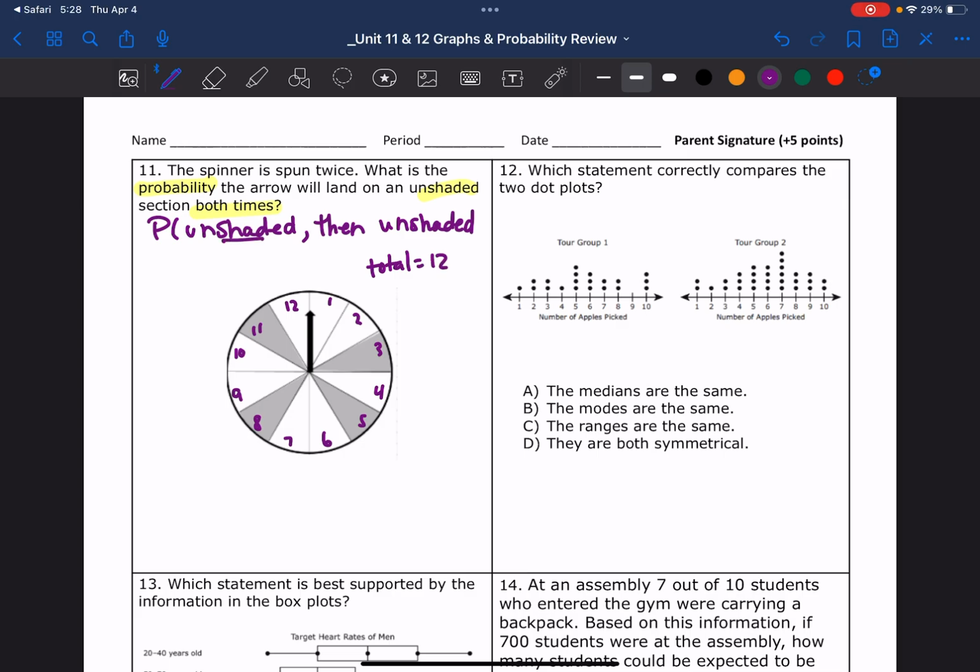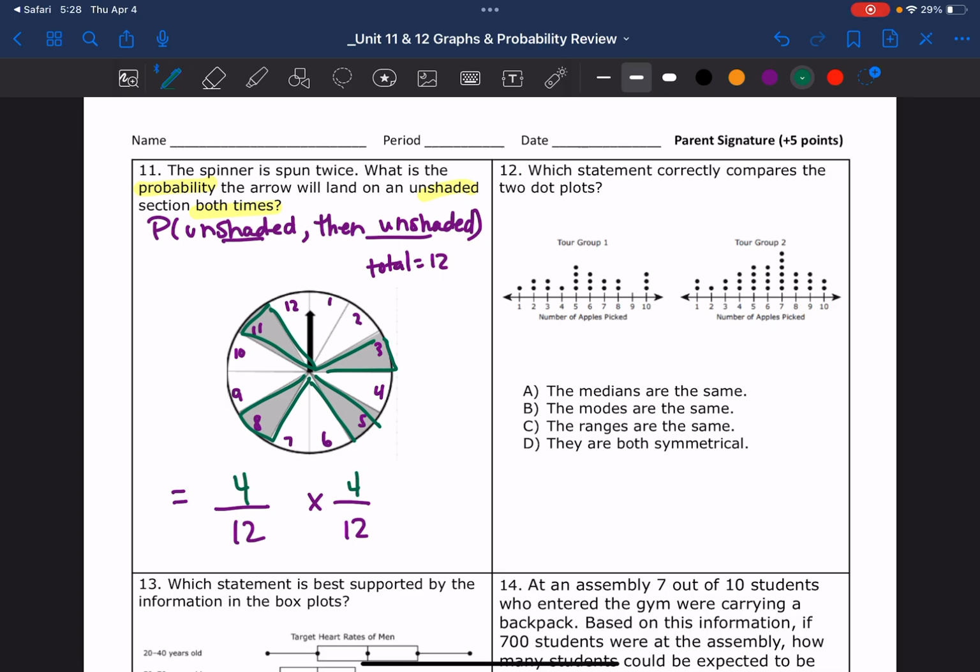Now, there's 2 events, so that means we need 2 fractions, okay? And here, the denominator for both of them is going to be 12. Now we're looking at how many of them are shaded. So there's 1, 2, 3, 4. So there's 4 out of 12, 4 out of 12, okay?